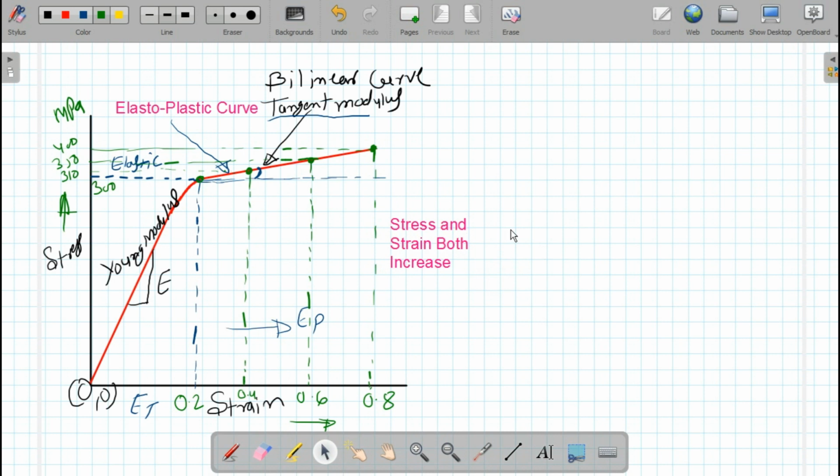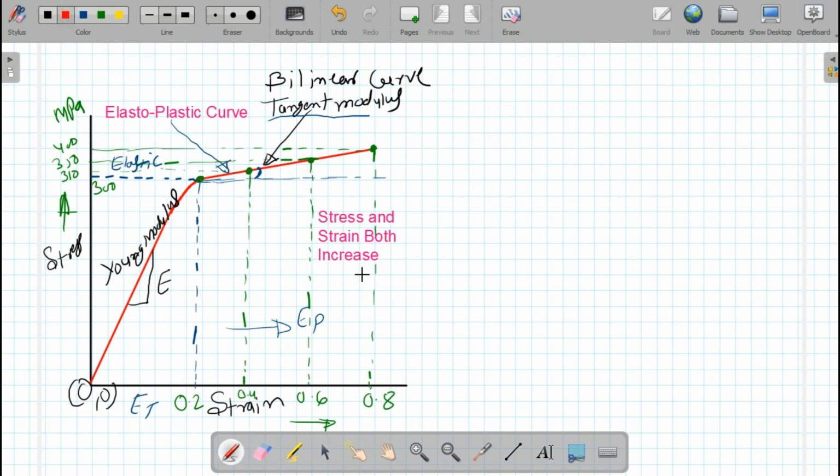Now coming back to loading and unloading, now coming back to these two points also. In ANSYS, in the bilinear curve, what data do you need?